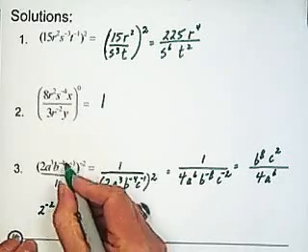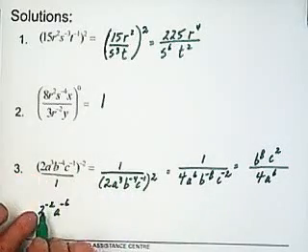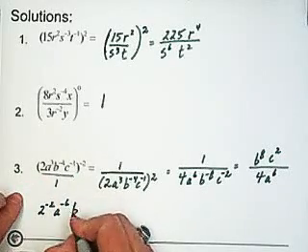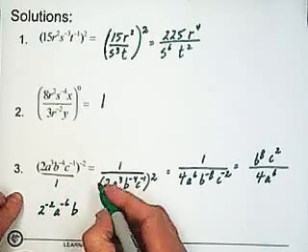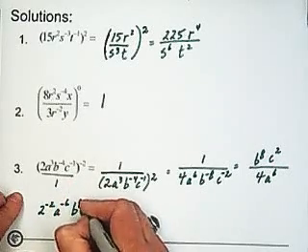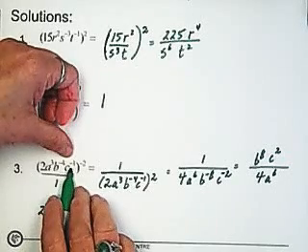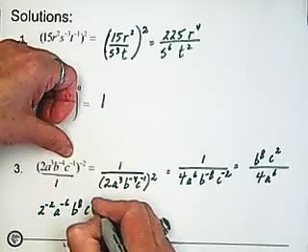Now I'm moving right from this point down into here, okay? So 2 to the minus 2, a to the minus 6. Here we have b to the minus 4 times minus 2, which gives us a positive 8. And here we have c to the minus 1 times minus 2, which gives us c to the 2.